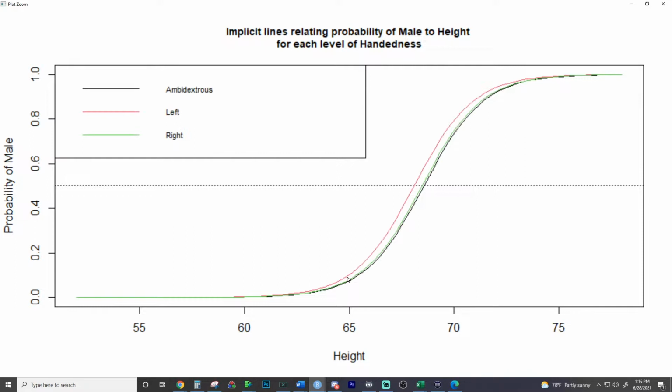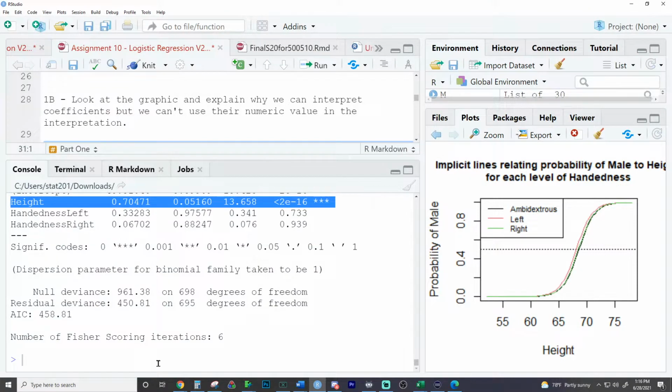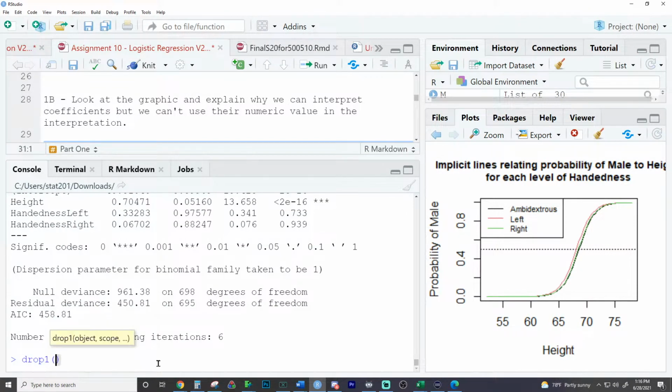Ambidextrous is the black line, the lower line, and the person who is left-handed has a higher probability of being male at all times compared to the ambidextrous person. As in, two people who are otherwise identical have the same height, but one is ambidextrous and the other is left-handed. The person who is left-handed is more likely to be male. It's ridiculous, and it's not statistically significant, as shown by the drop 1 test.